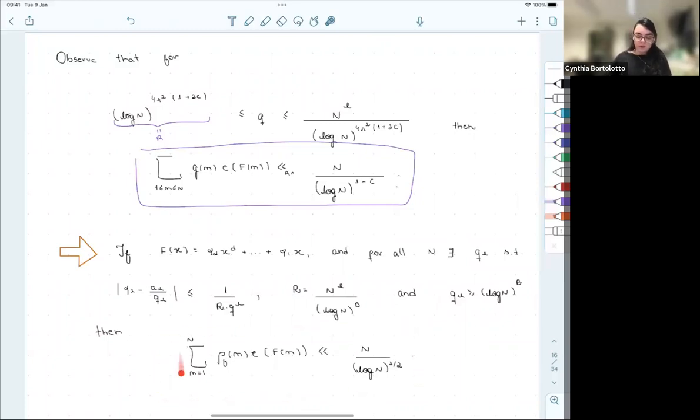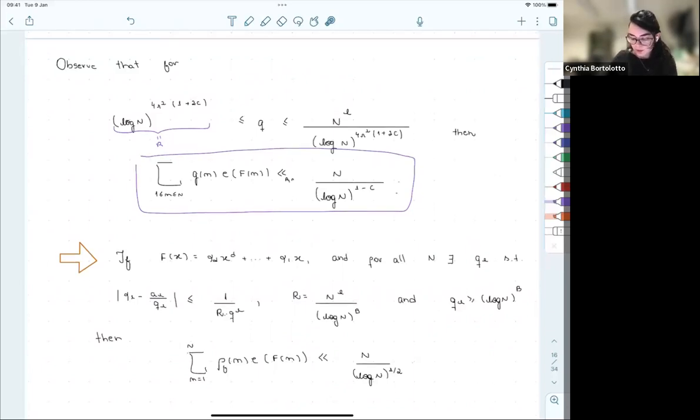So our exponential sum, for f of n times e to this polynomial in the oscillation factor, will be bounded by, let's say, n divided by log n to the 1/2. And we just need to make sure that we can approximate at least one of the coefficients by a q here, where the q is large enough, depending on n.